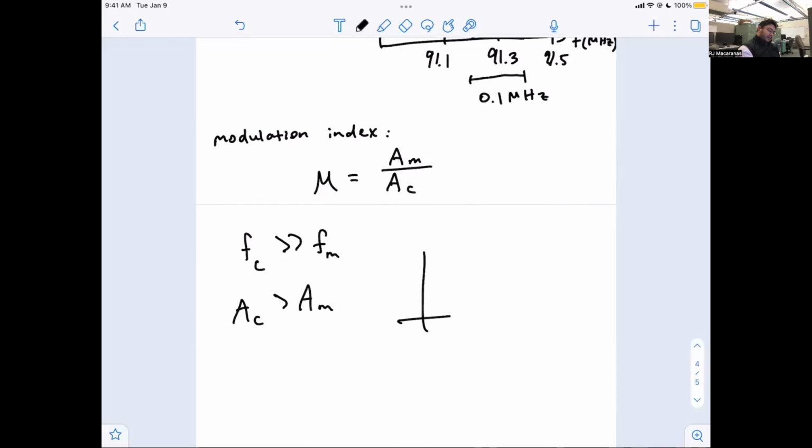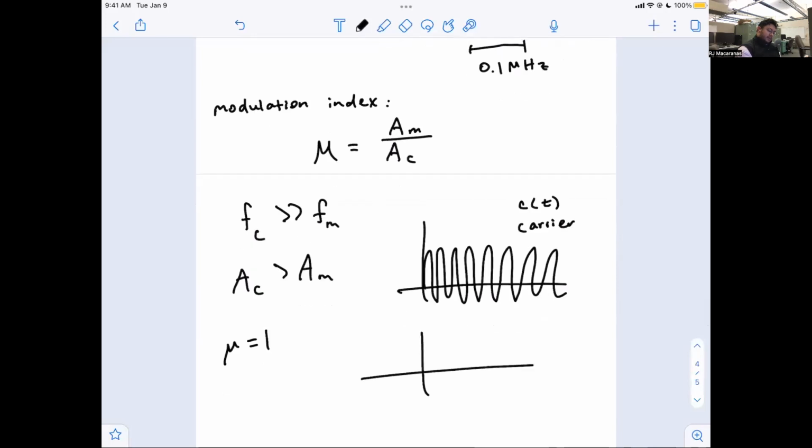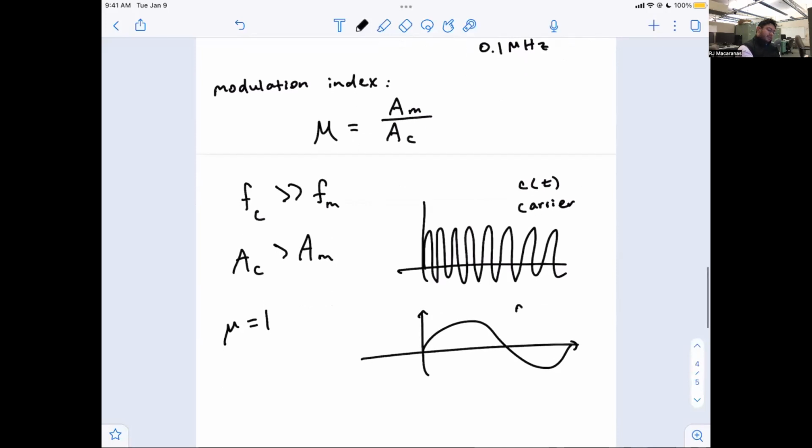So suppose mu is equal to 1, well then we have some carrier that's oscillating really fast, right? So here's our carrier, sometimes that's C of t. And then suppose we just have a message that's just a tone, right? So one frequency message signal, M of t.